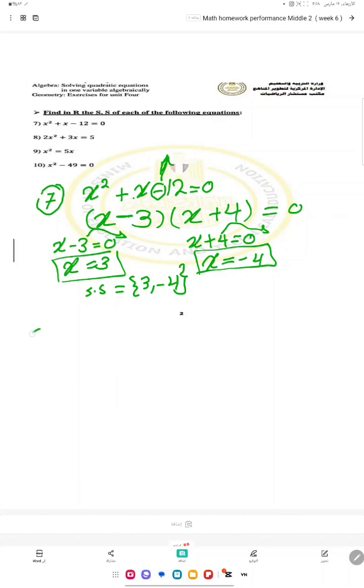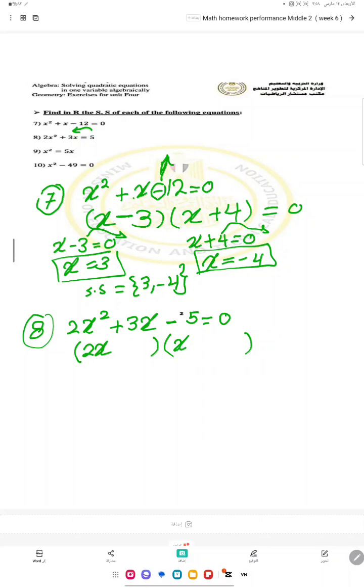Okay, number 8. 2x squared plus 3x equals 5. So we have to take 5 to the other side by opposite sign to be in the form of the quadratic equation, and then factorize. 2x squared will be 2x times x, and the product of 5 will be 5 times 1.